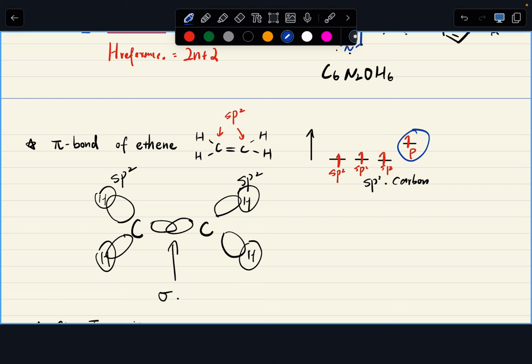In addition, we have these leftover p atomic orbitals. And the shape of my p atomic orbitals is perpendicular to the sp2 atomic orbitals. And in this case, we're saying the overlap of the p atomic orbitals gives me my pi bond. And remember our burger example? So your pi bond is actually both on top and below the sigma bond. So both spreads are your pi bond.